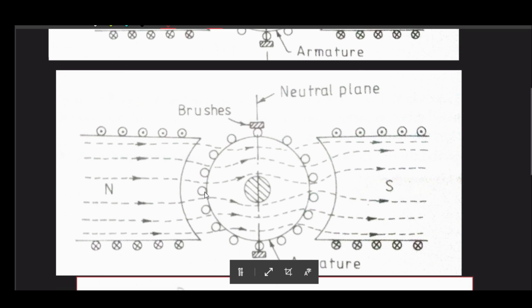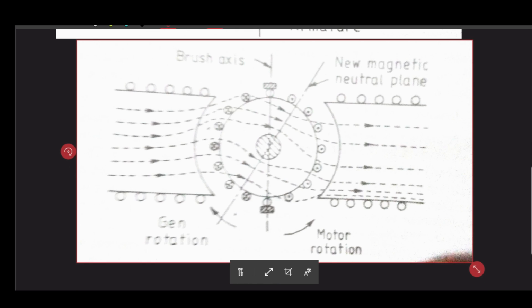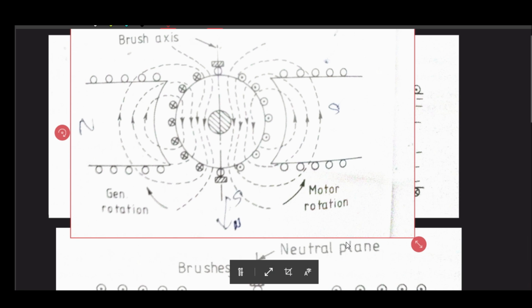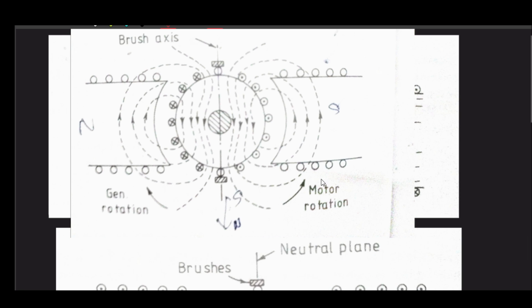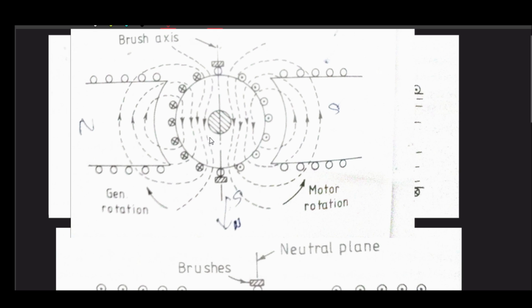Now when we consider only the armature current-carrying coil, suppose you have a DC motor and this is carrying a current, what you will see is that your armature is producing a magnetic field, and that is in quadrature with your original field produced by your field winding.